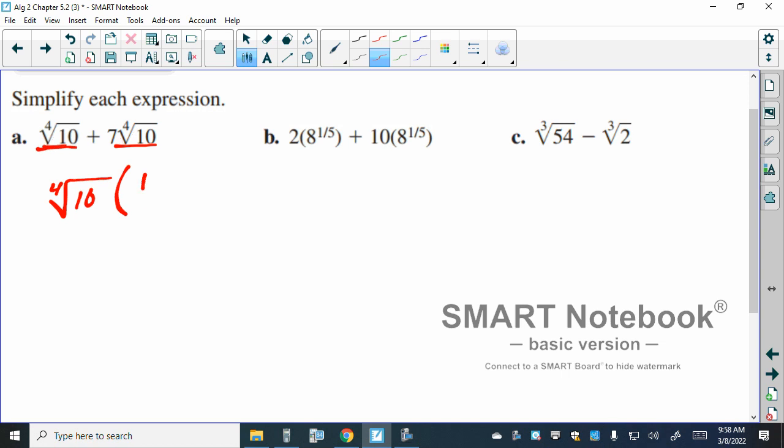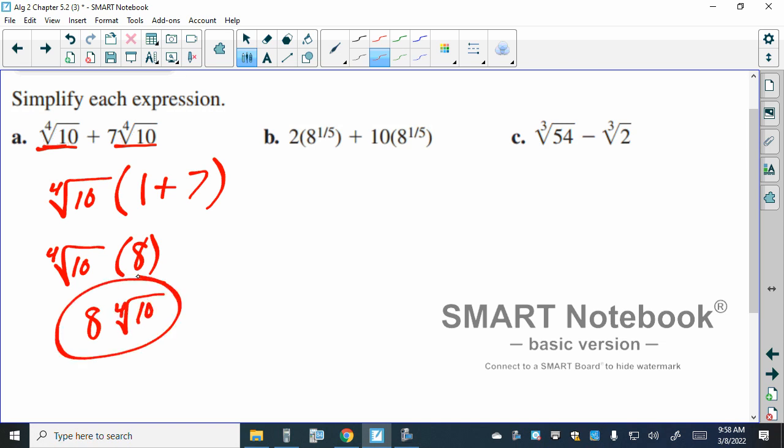On the first one, it factors out completely, so I'm left with 1 plus 7. Well, 1 plus 7 is 8. 8 times the fourth root of 10. Because realistically, that's what we're doing.